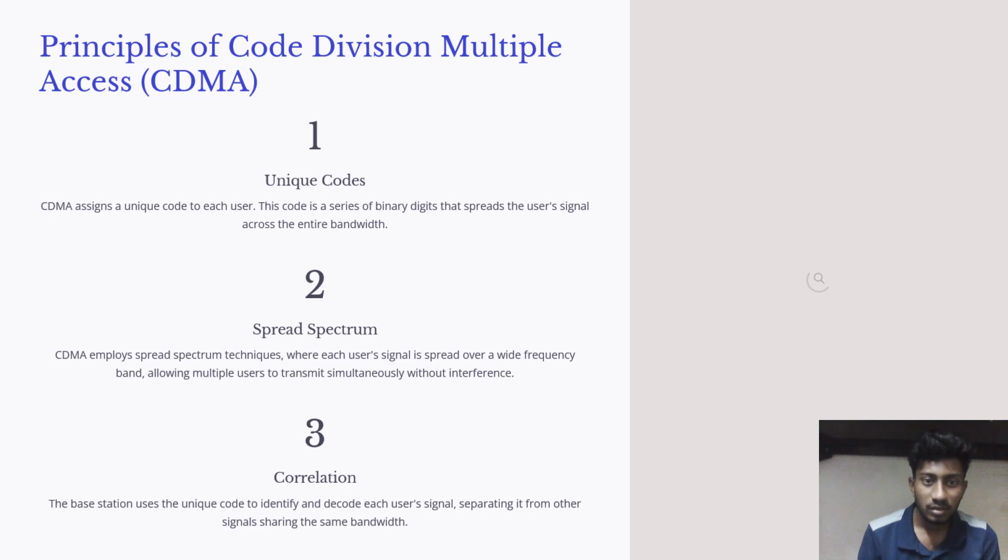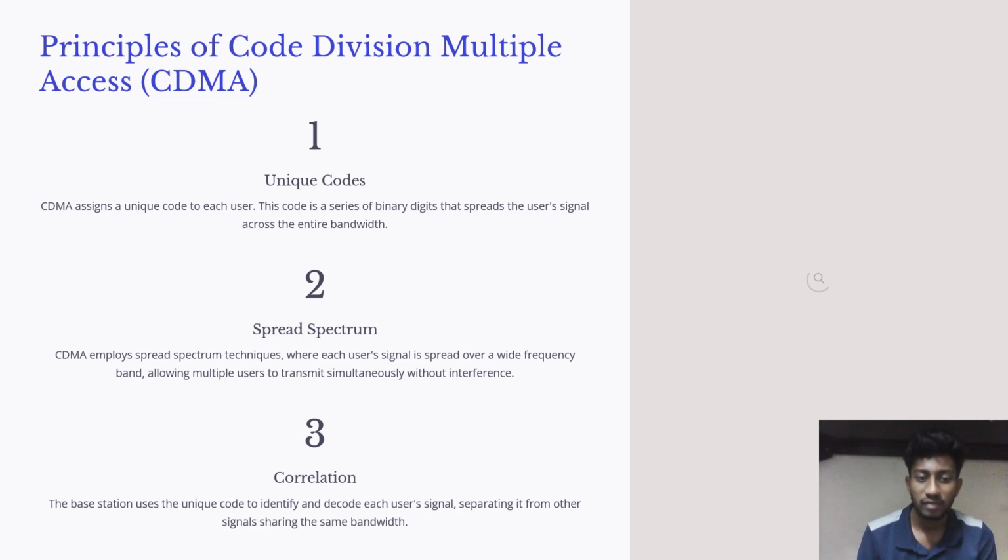CDMA employs spread spectrum techniques, where each user's signal is spread over a wide frequency band, which allows multiple users to transmit simultaneously without interference. Correlation: the base station uses the unique code to identify and decode each user's signal, separating it from other signals sharing the same bandwidth.